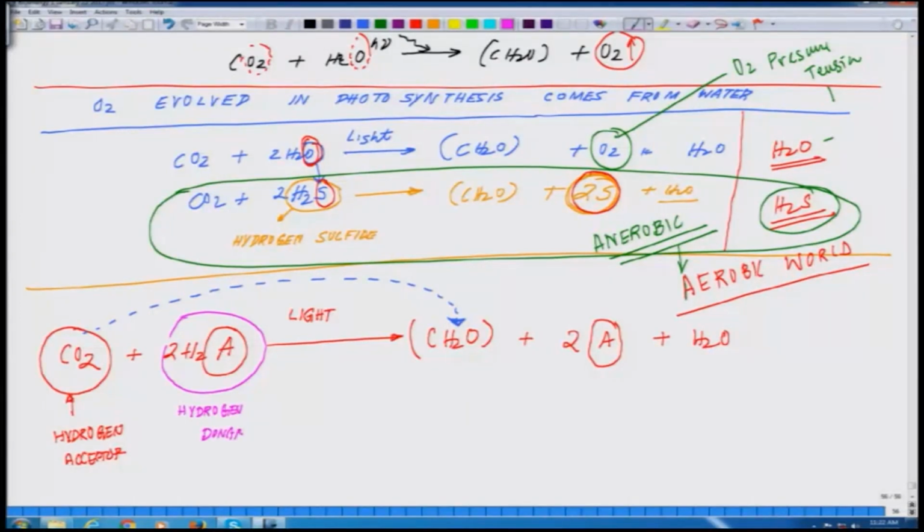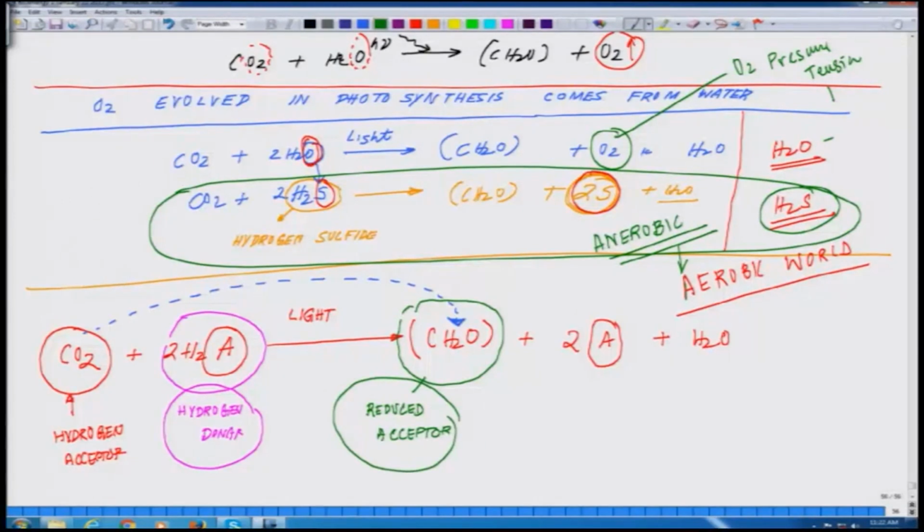In other words, this is the source for all kinds of reduction reactions, and CH2O, now I am putting it in green because this is the biomass we are talking about, is your reduced acceptor, because this is getting reduced because of the addition of hydrogen to carbon dioxide, and this one is your dehydrogenated donor.